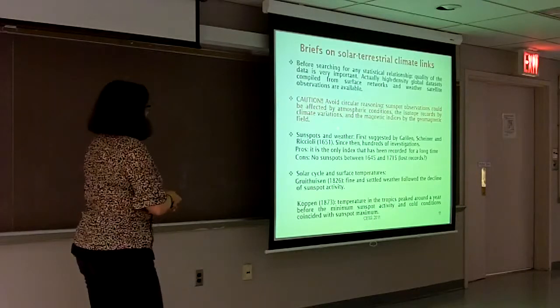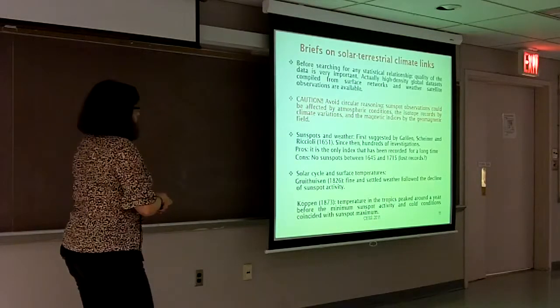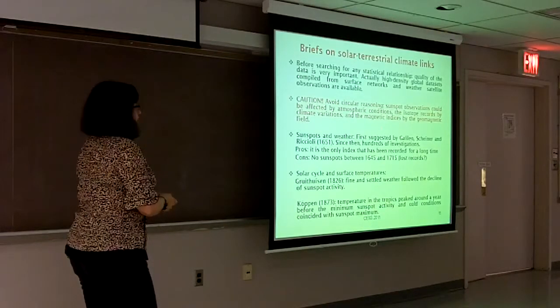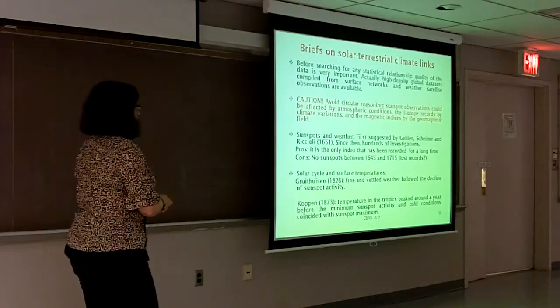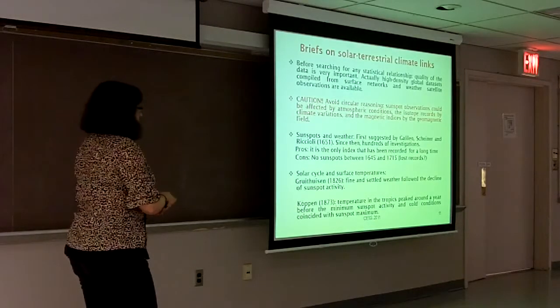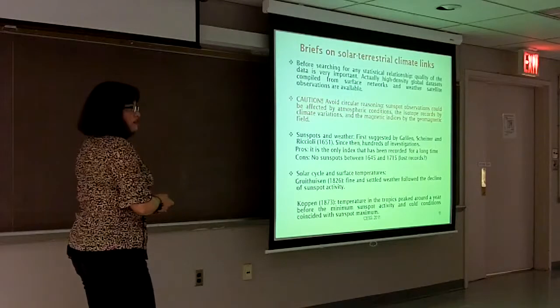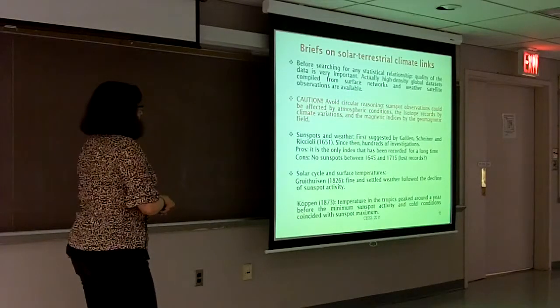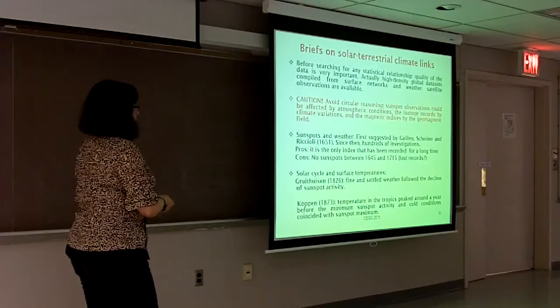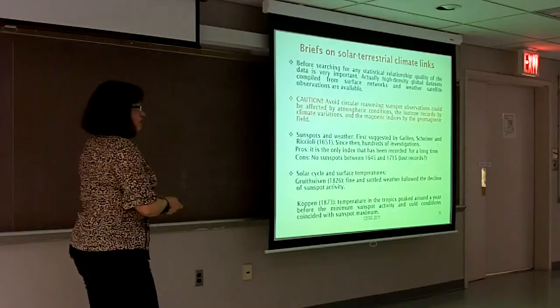So what about the sunspots and weather? Well, this type of problem was first suggested by Galileo in 1651, so it was a long time ago. And since then, a lot of work has been done in that sense. The pro of talking about sunspots and weather is that sunspots are the only index that has been recorded for a long time. So this is one advantage.